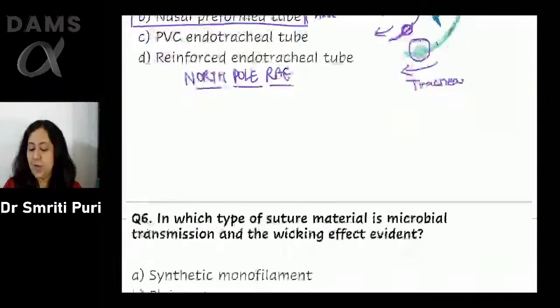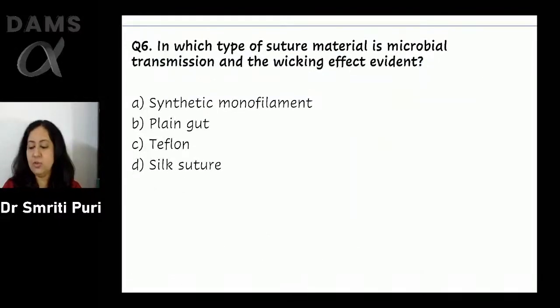Okay. Let's move ahead. Question 6. In which type of suture material is microbial transmission and wicking effect evident? A. Synthetic monofilament, B. Plain gut, C. Teflon, or D. Silk suture.